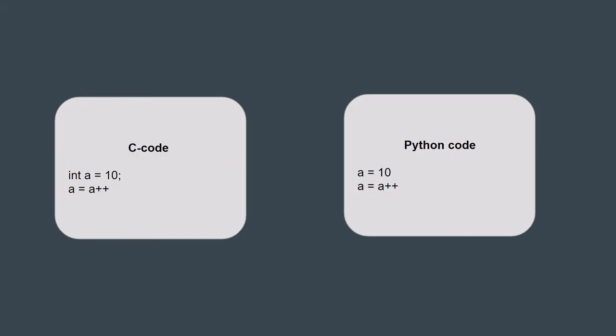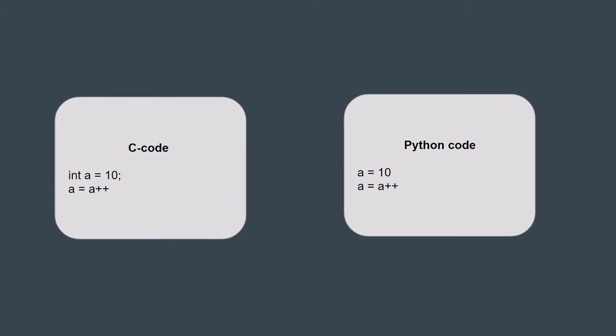Here you can see the implementation codes in C and Python. Here we are just assigning the value 10 to a variable a and incrementing it by 1 in both the codes. In C code, you have to first explicitly declare the variable type as integer, that is int a = 10, and then perform an increment operator.